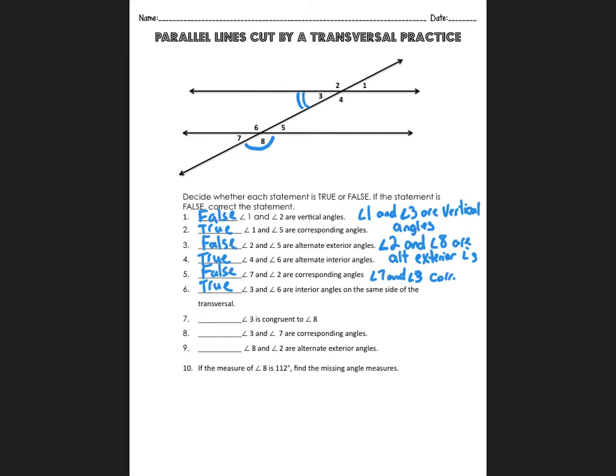Now, if I wanted to find an angle that was congruent to angle 8, and I didn't know that the lines were parallel, the only angle I could pick would be angle 1. Because those are vertical angles, and vertical angles are congruent.